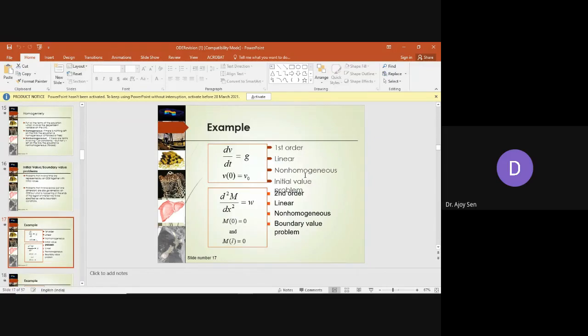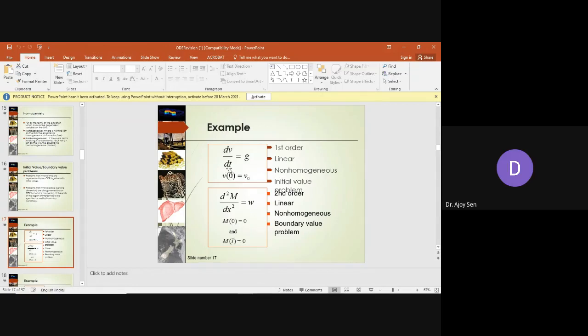So once again, these are examples of an initial value problem. This first one is an initial value problem, a first order differential equation, and this condition is mentioned. It is an example of an initial value problem because the value of v is specified at some initial point.